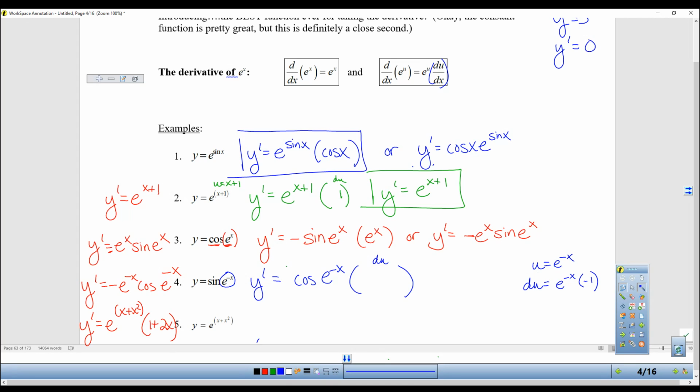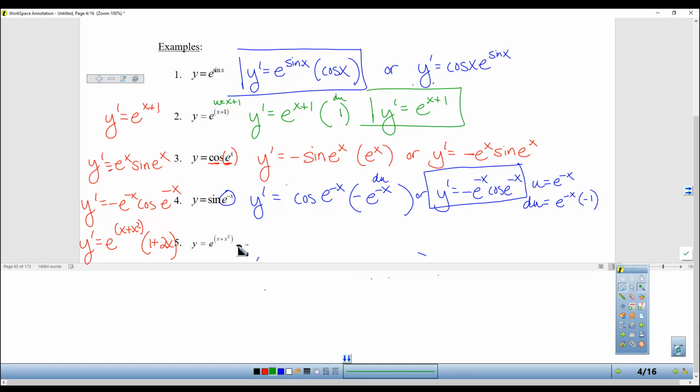So it helps to do it off to the side there. Minus e to the negative x. This one definitely would normally be written negative e to the negative x cosine of e to the negative x. They would put it out in front. If you forget these parentheses, it'll mean subtraction and it'll definitely be wrong.